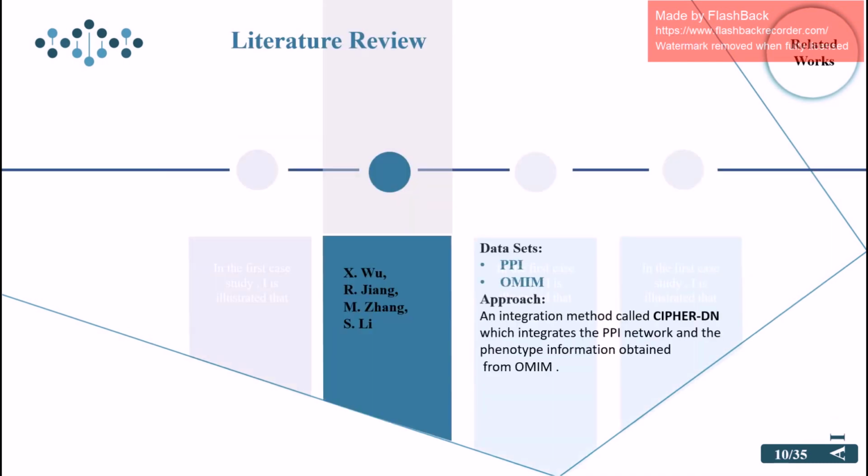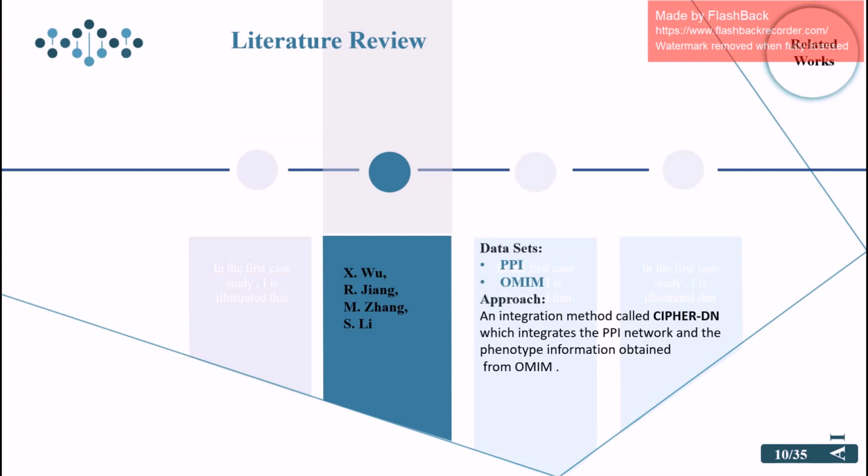In the next paper, Wu and others introduced a method called CIPHER, which integrates the PPI network and phenotype information obtained from OMIM. In this algorithm, a regression model has been built. At first, it will calculate the similarity between every phenotypes, and then it calculate the adjacency of every candidate disease genes to each phenotype.